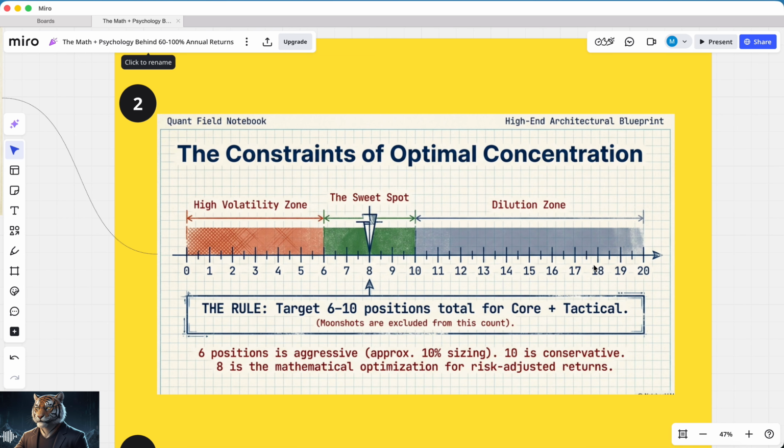What was interesting, it was quite consistent that the sweet spot is between 6 to 10 positions. Above 10, we diluted our returns. Below 6, we increased volatility and drawdowns in a portfolio. And so number 8 was smack in the middle. And so it was very evident that we wanted to stay within that range.